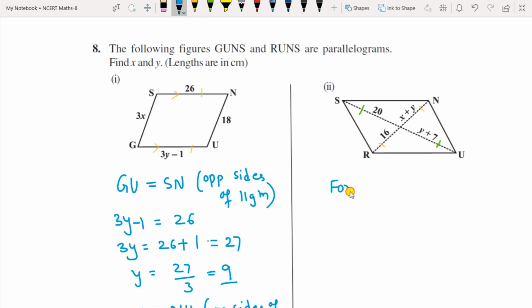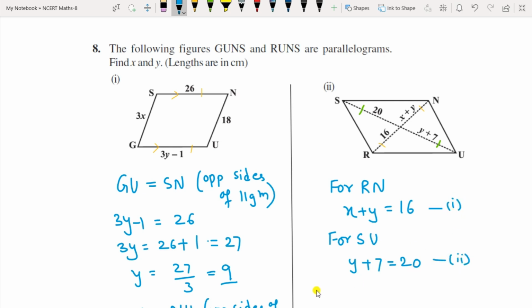For RN, x plus y equal to 16. And for SU, it will be y plus 7 equal to 20. This is equation 1 and this is equation 2 here.